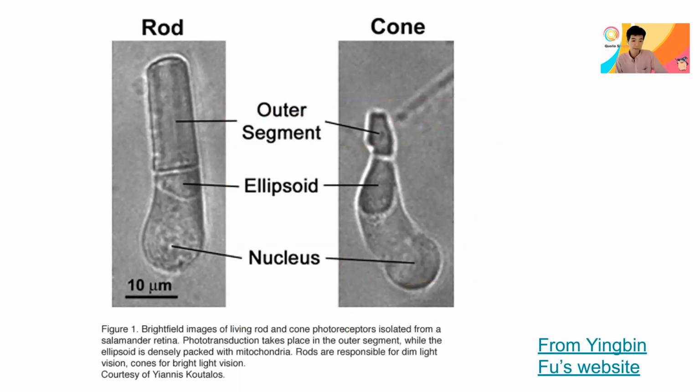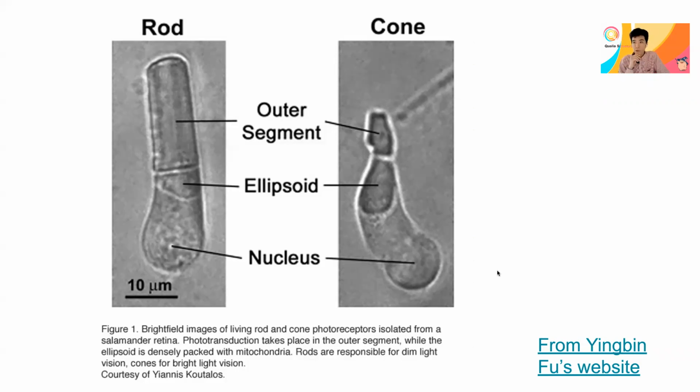All right, so these are bright field images of a living rod and cone photoreceptor, isolated. As you can see, the rod looks like a rod according to its shape, the outer segment. And the cones are called cones because this part looks like a triangular cone shape when it's isolated.